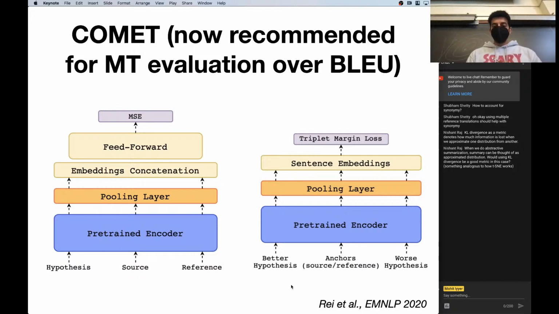So here they have the source and reference like before, but now they also have additional data on multiple translations produced by a system, and humans have judged whether one of them is better than another. And so this kind of data is much easier to collect than judging from 1 to 5.